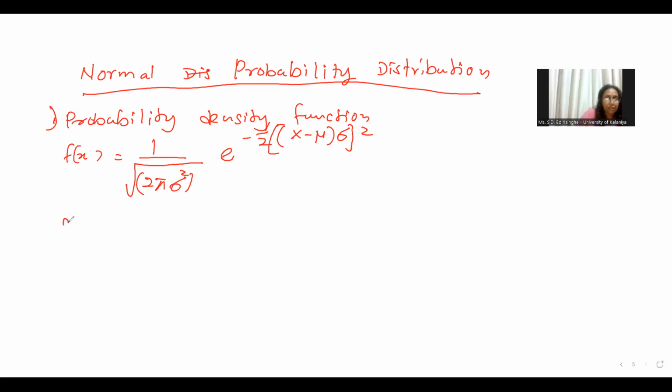Here f(x), what is f(x)? That is the probability density function, PDF, and mu is the mean, so mean equals mu, and sigma is the standard deviation.